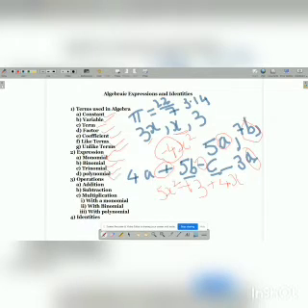Next is a polynomial. A polynomial is nothing but an expression consisting of three or more terms.